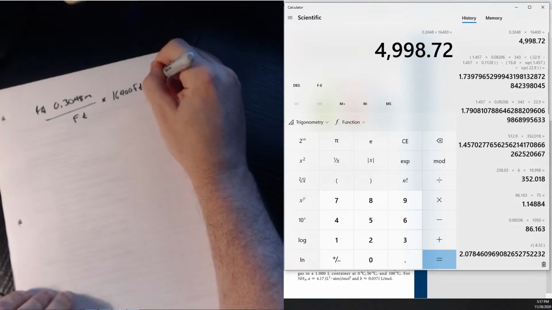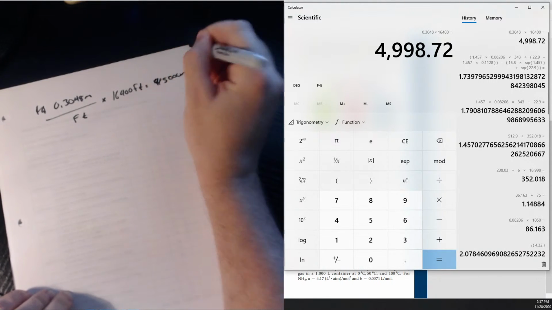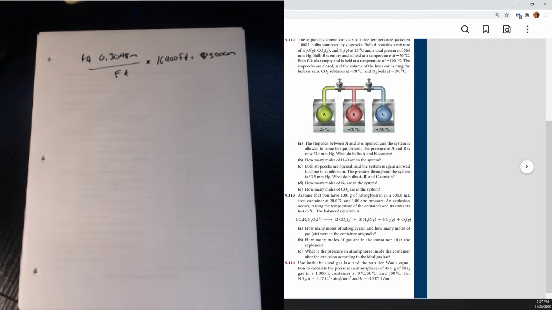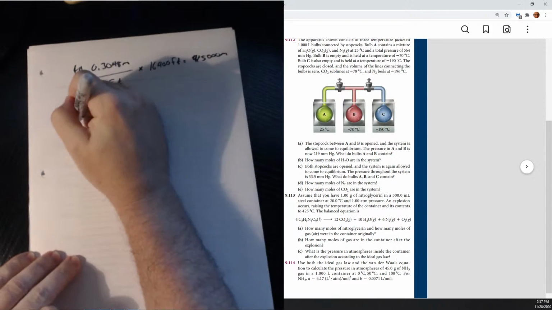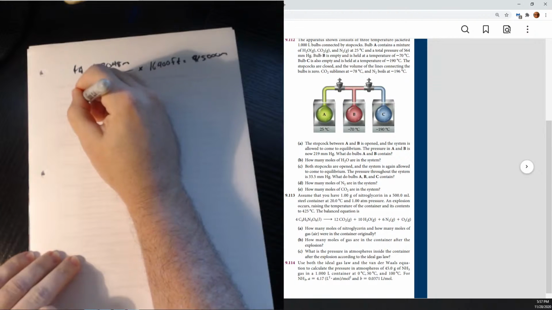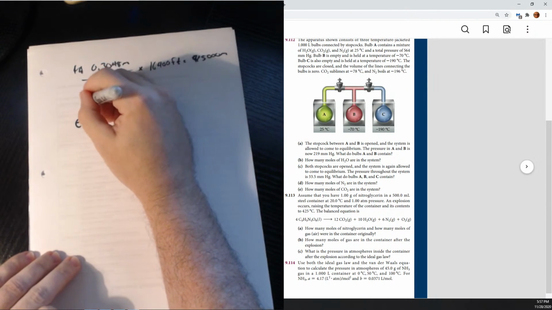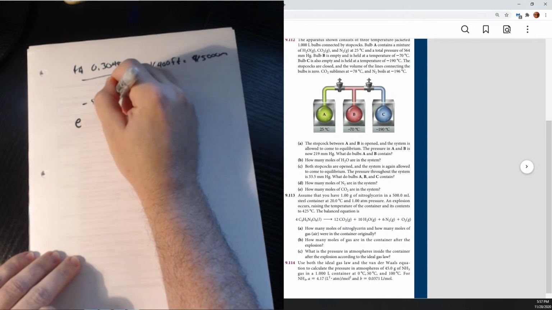So, it's 5,000 meters. Okay, so atmospheric pressure is going to be e to the negative 5,000 over 7,000.